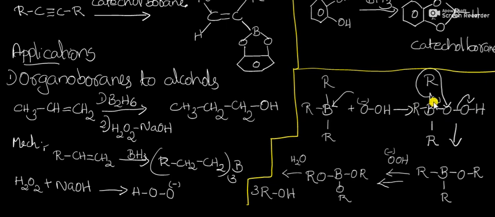Then when this R group migrates to this oxygen, the OH group will be eliminated. Here this is a carbon to oxygen migration, and we get R2BOR.